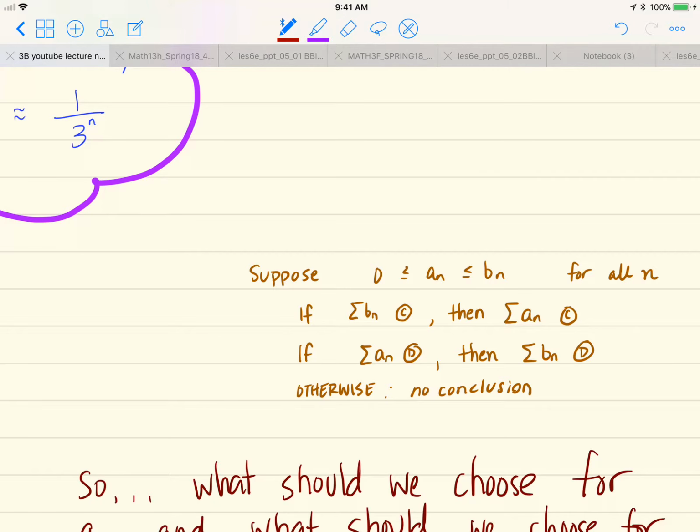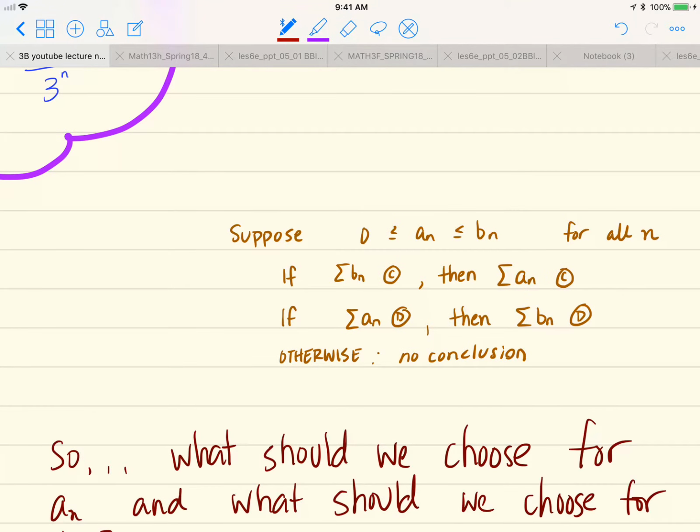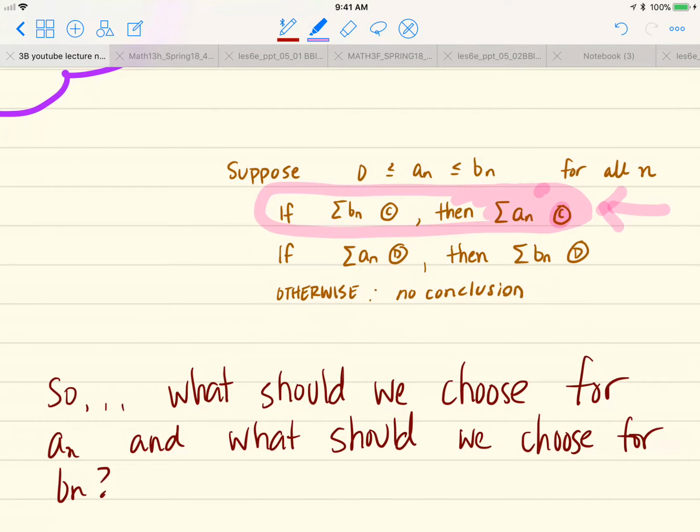Okay, so I have written here a statement of the direct comparison test. In our mind, we're thinking that we want to be in a scenario where our conclusion is that a series converges, right? So this is what we want, just based solely on the conclusion. So what should we choose for a sub n and what should we choose for b sub n? If we want our conclusion to be that our series converges, we better let a sub n equal 1 over 2 plus 3 to the n, and then b sub n should be equal to 1 over 3 to the n.